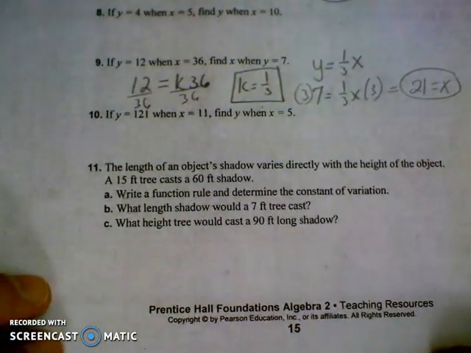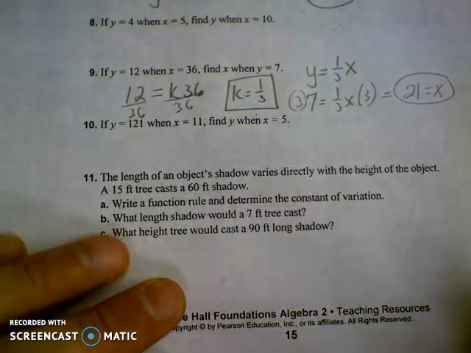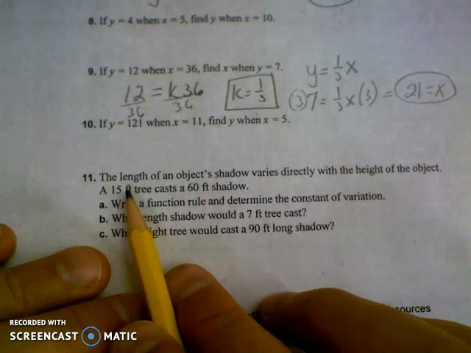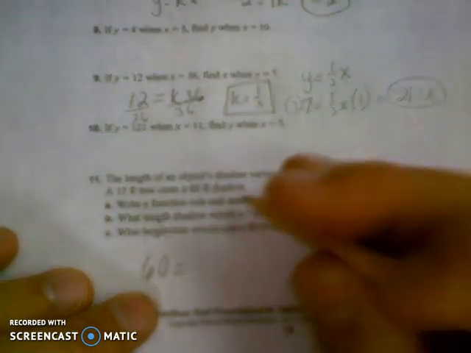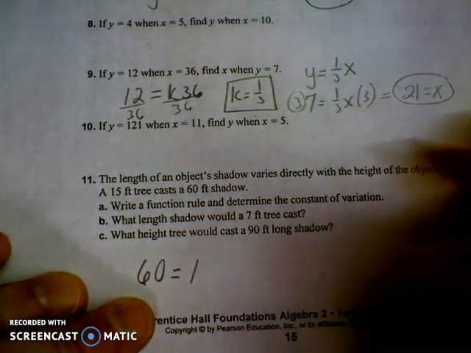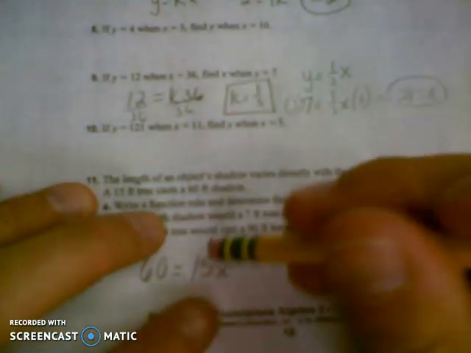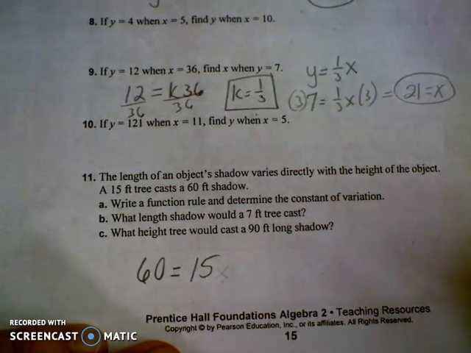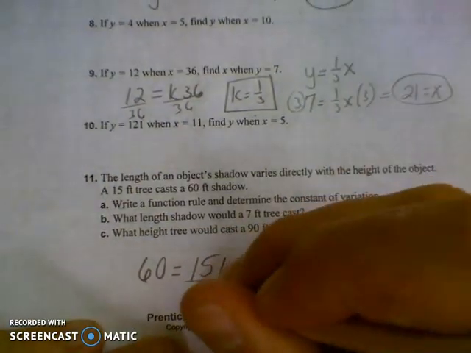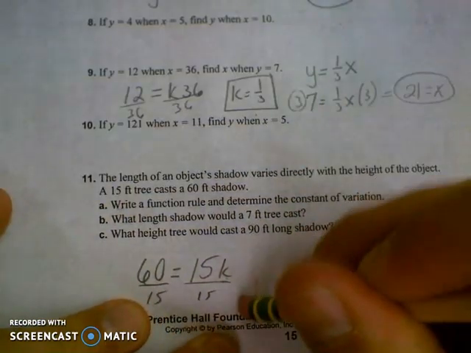Alright. Number 10, and this is a cool one. You can figure out how far a tree's shadow is. So it's 60 and 15. So 60 is the y, right? 15k. So k equals 4.